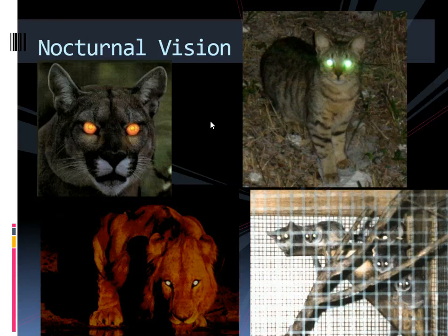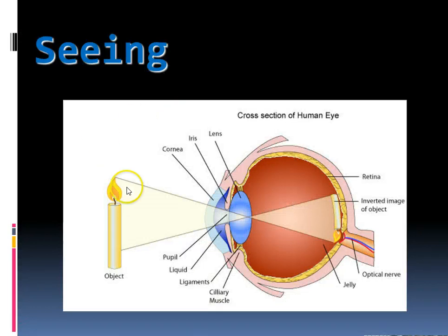And cats and some primates have what is called a tapetum lucidum in the back of each eye, and it is a highly reflective surface. And so when these animals get the image, right, there's a lot more reflection going on in the back of their eyes, and so they actually see almost as well at night as they do in the day because they maximize the amount of light that's coming in.